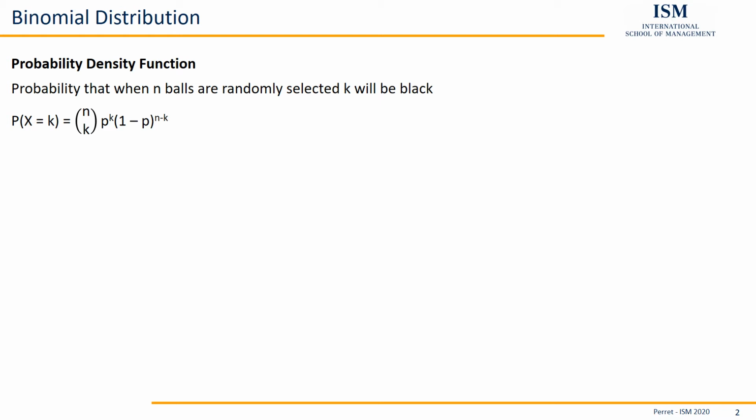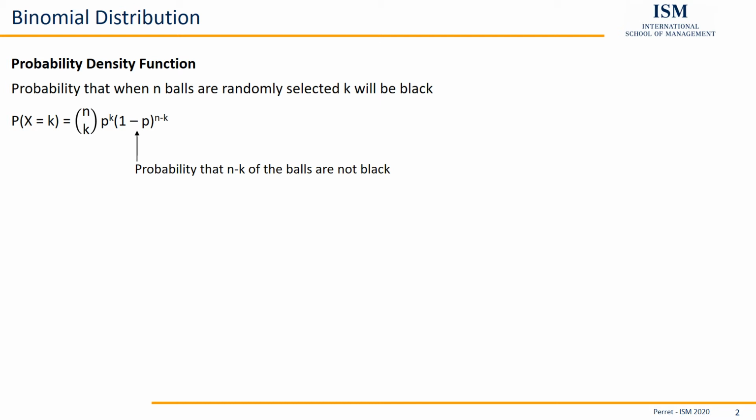Then we have this density function here, and it consists of 3 parts. First, we have the last 2 parts, p to the power of k and 1 minus p to the power of n minus k. If we work our way backwards, the last part is the probability that n minus k of the selected balls are not black.